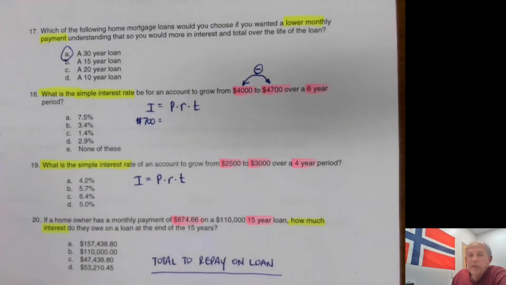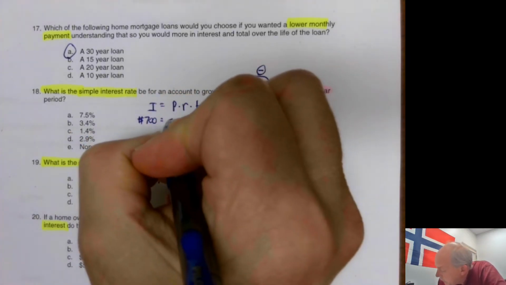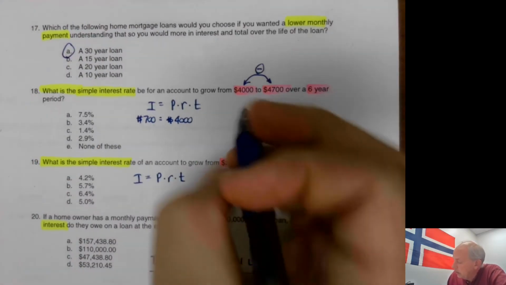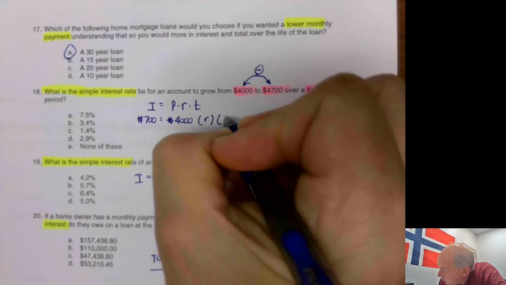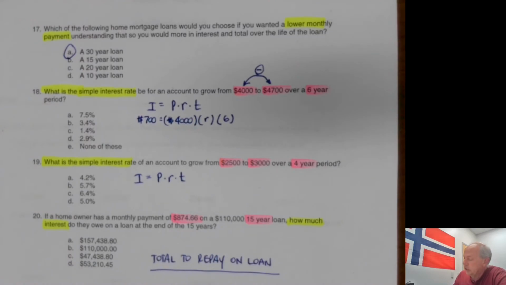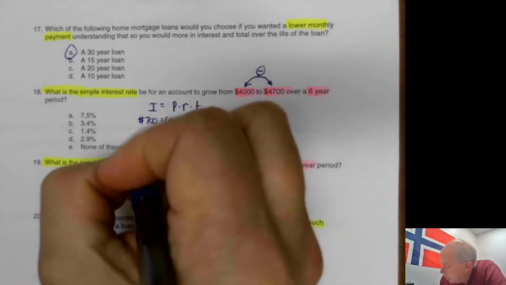I started with $4,000, it grew to $4,700, so I earned $700 of free money. My principal is $4,000, what I started with. My interest rate is what I'm solving for, and all of this took place over a 6-year period. So there are my numbers in the formula. R is my unknown.